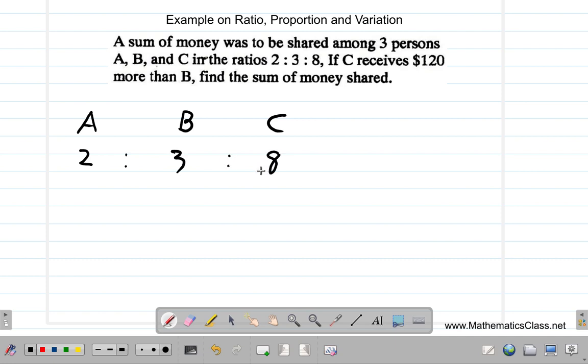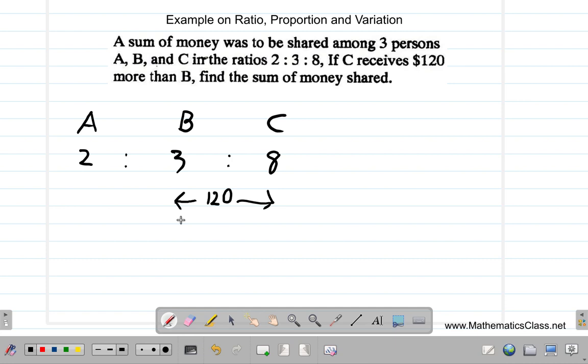C receives $120 more than B, so the difference in the amount of money between them is $120. We're going to find the sum of money shared.